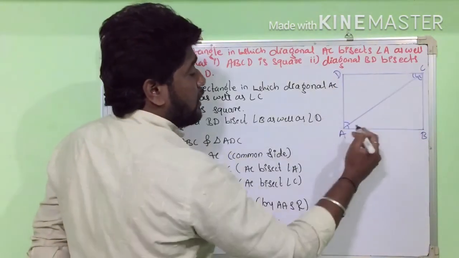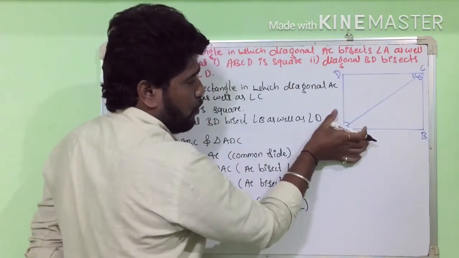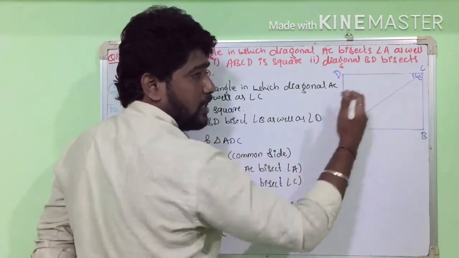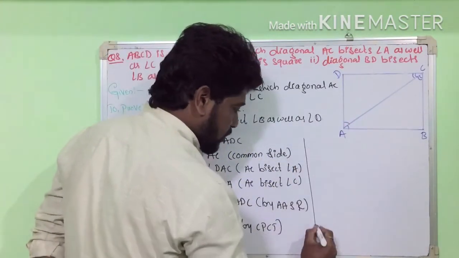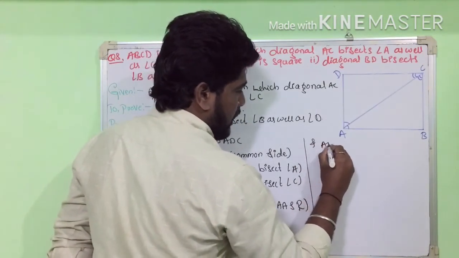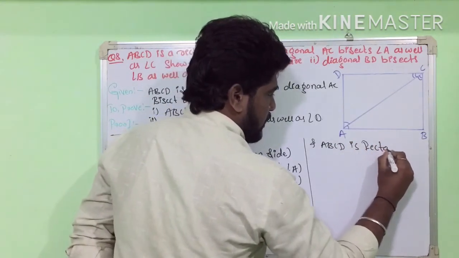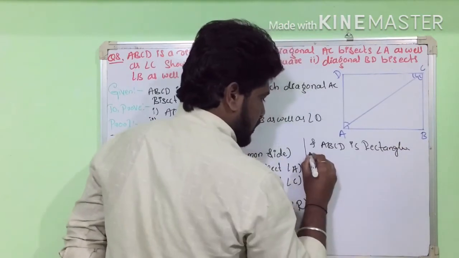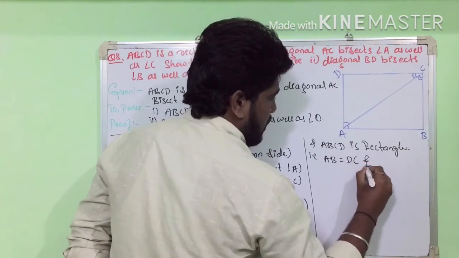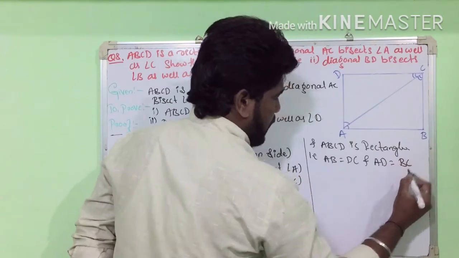So it is a rectangle, they have given. Rectangle means the opposite sides are equal, and we proved these two sides are equal. It means all sides are equal here. So write down here, ABCD is a rectangle, so that is AB is equal to DC and AD is equal to BC.